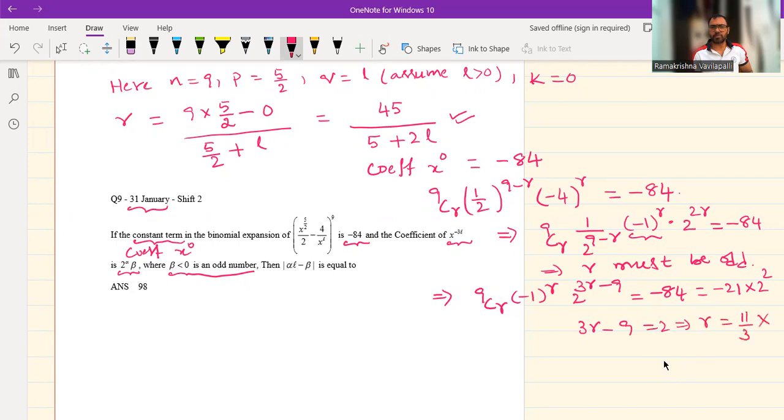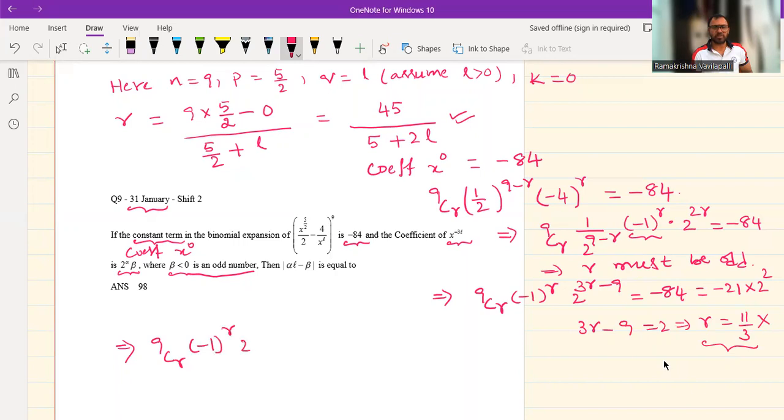This is not possible, right? So what should I do now? We have to adjust the right side expression in such a way that R must be an integer.